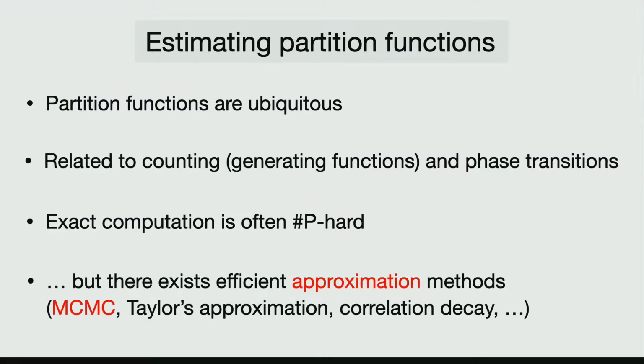But if you relax the assumption, meaning you just ask for a sufficiently good approximation of the partition function, then we do know of a bunch of efficient algorithms. One such example is the Markov chain Monte Carlo method, which this talk is going to be about. But you also have Taylor's approximation, correlation decay, etc.